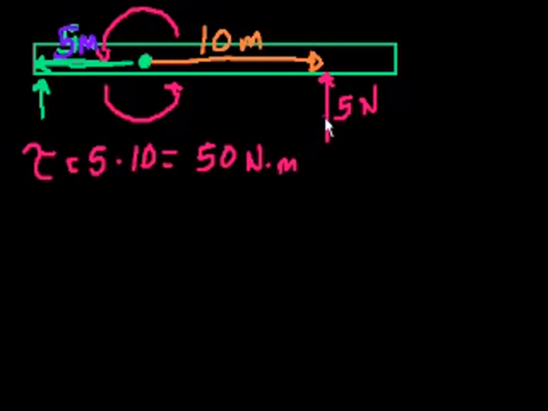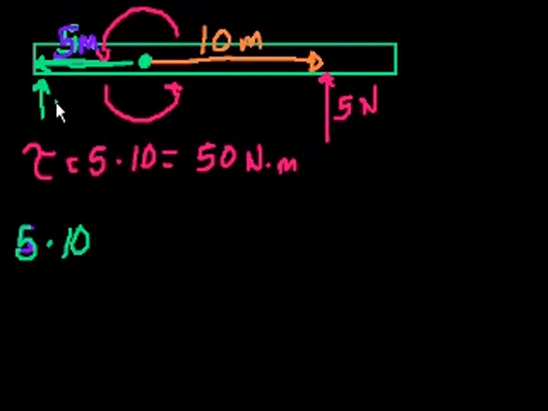I should be a little exact. If I'm applying some force here and it's still not rotating, then we know that the net torque on this object is 0. So what is the force being applied here? Well, what is the net torque? It's this torque, which we already figured out, and it's going in the clockwise direction. So it's 5 times 10. And the sum of all the torques has to be equal to 0.